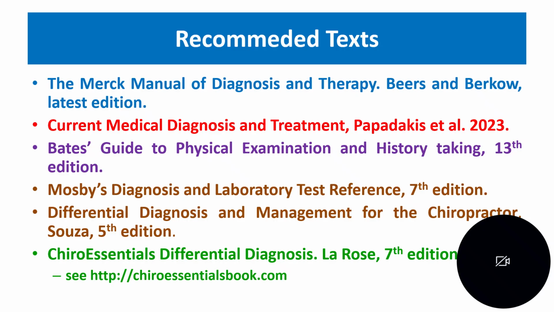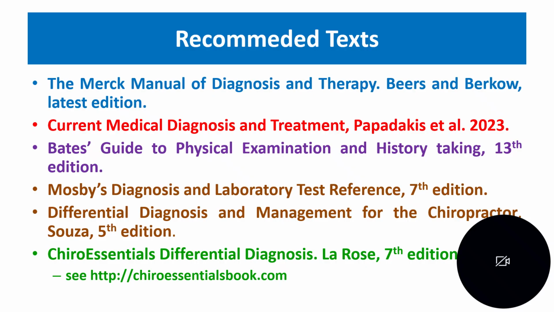Here are the recommended texts. None of these are the reference text. These are highly recommended. The Merck Manual of Diagnosis and Therapy, the latest edition. Current Medical Diagnosis and Treatment by Papadakis and others. I'm using the 2023 edition.